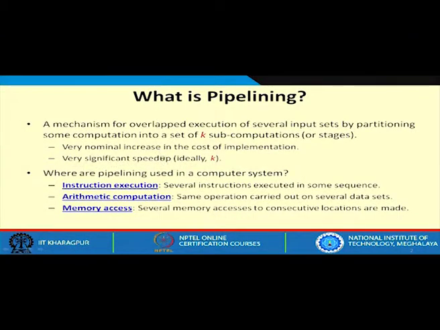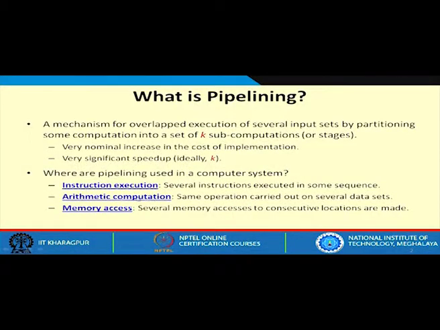This kind of pipelining can be used in several different areas of computer design. For instruction execution, we shall see later that several instructions can be executed in sequence, because you have already seen that when an instruction is executed in a processor, there is a fetch and execute cycle. During fetch, you fetch an instruction, then you decode it.